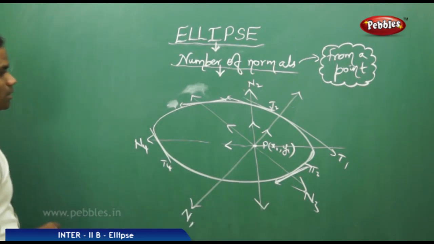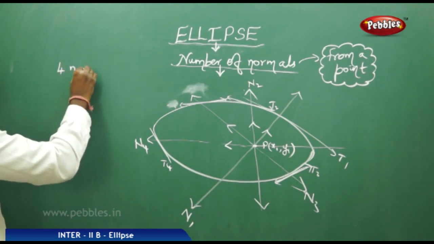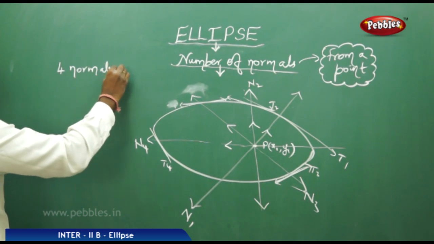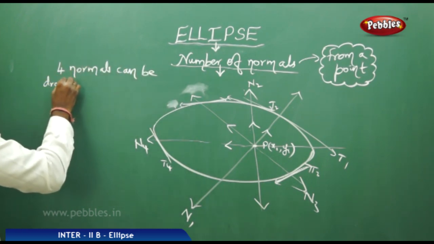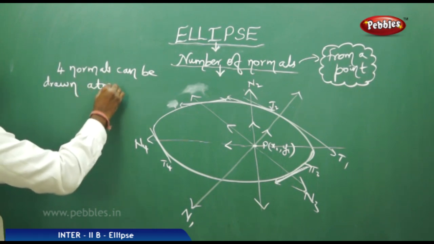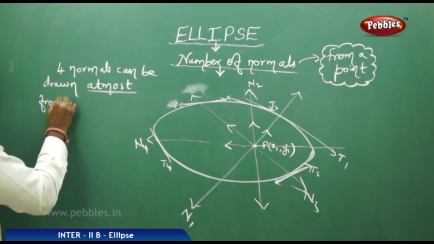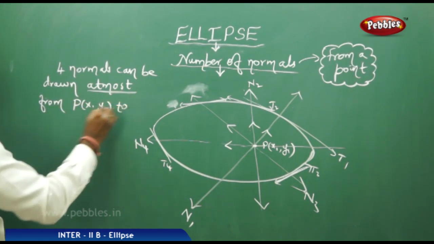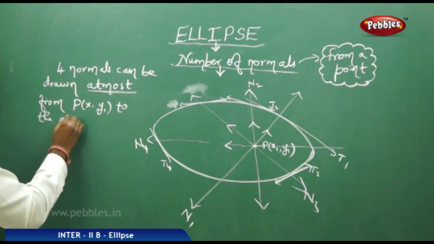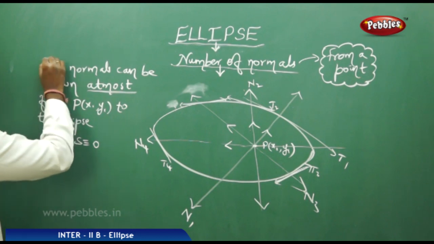So therefore, the property says that 4 normals can be drawn at most from P(x1, y1) to the ellipse S equal to 0.